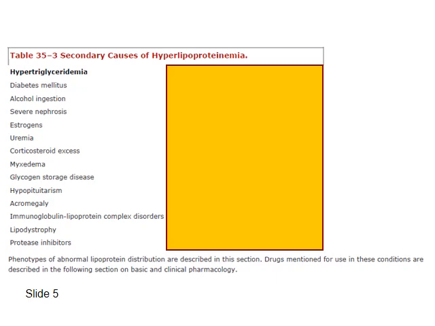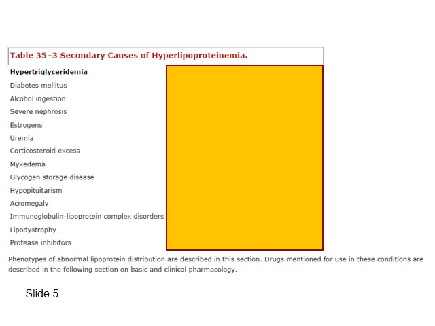So there are some secondary causes of hyperlipoproteinemias. Ways to achieve hyperlipoproteinemia, not through genetic mutations or presence of genetic variants. And so here we have certain diseases or drugs that can cause hypertriglyceridemias.